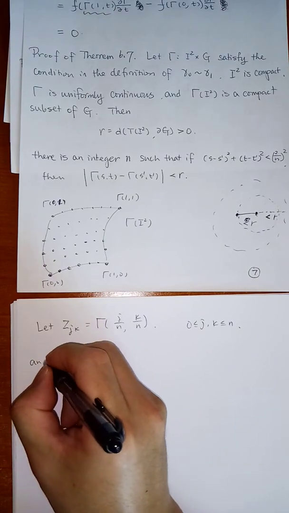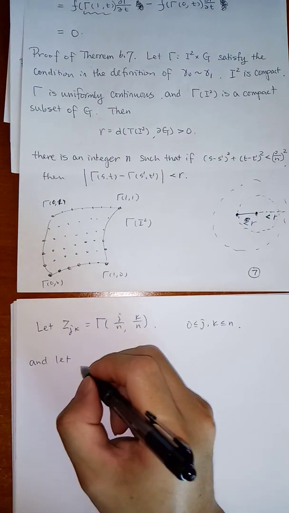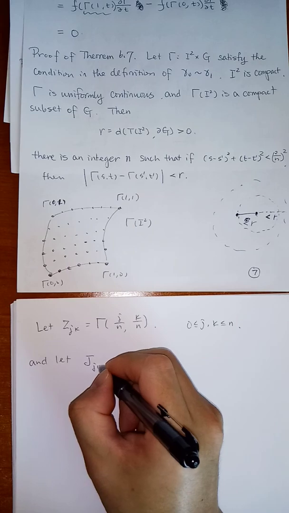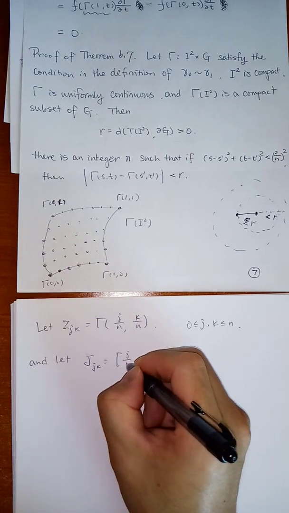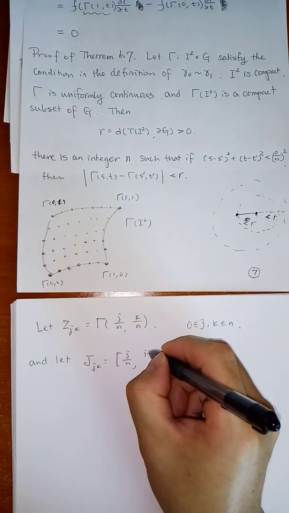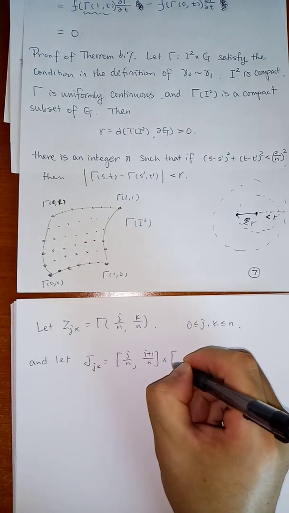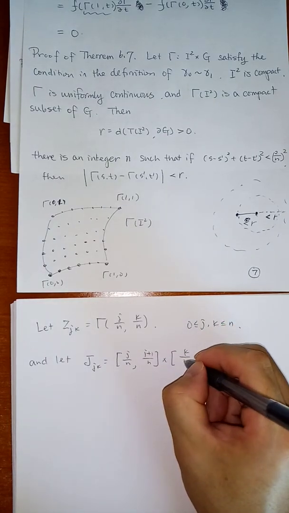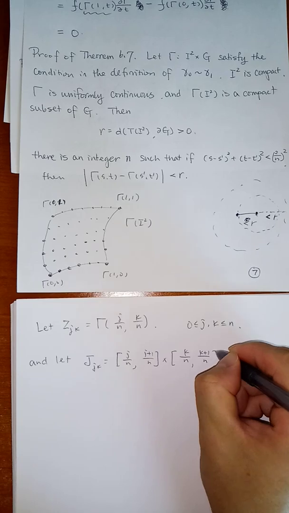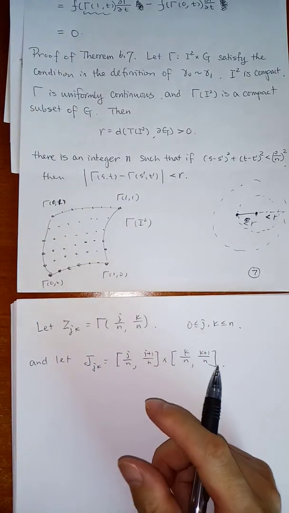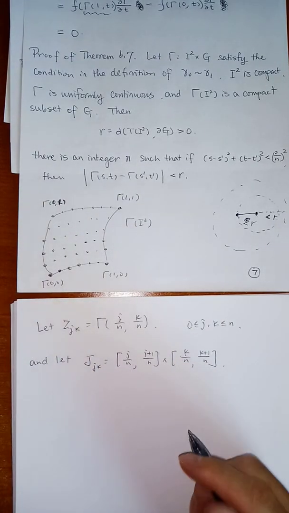And let capital J_jk be the set of j over n, j plus 1 over n, cross k over n, k plus 1 over n. They are in the domain, the small square.